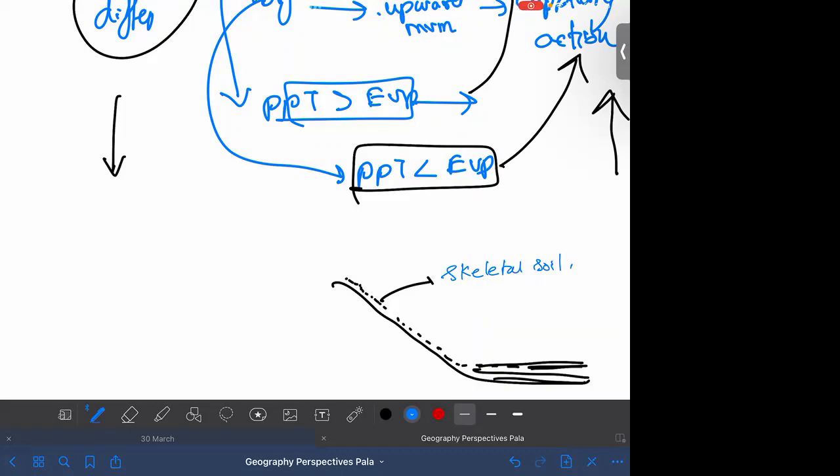On the other hand, in areas of very flat topography and defective drainage, waterlogging would result in anaerobic conditions, oxygen-less conditions, leading to formation of organic soils.